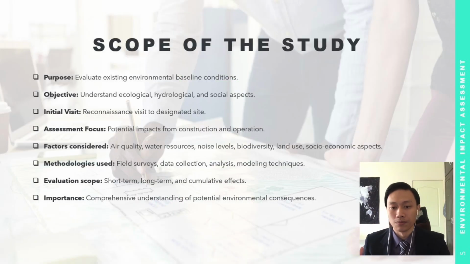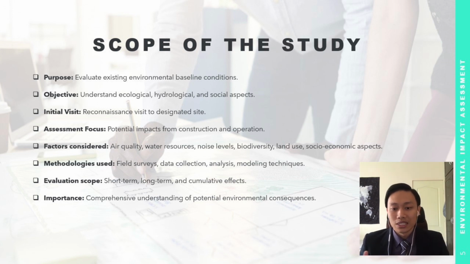Scope of the study. Firstly, purpose and objective of EIA. Environmental impact assessment aims to evaluate the existing environmental conditions of the designated site. The objective of EIA includes understanding ecological, hydrological, and social aspects to establish a baseline for assessing future impacts.